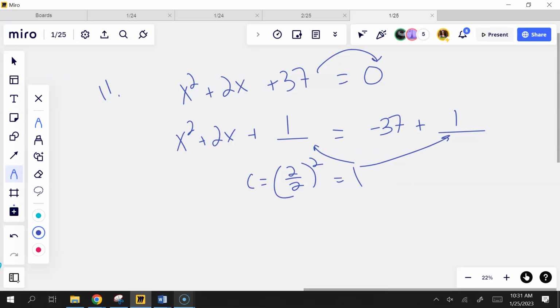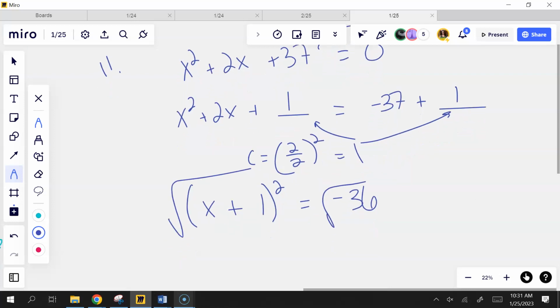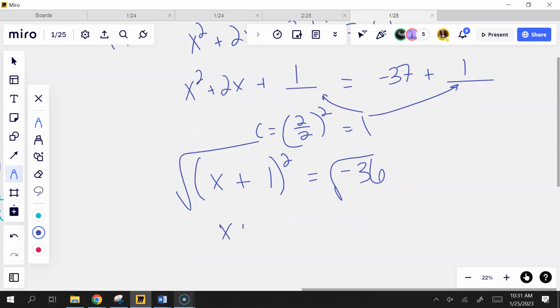All right. How does it factor? Left side, what's it factor? Square root of the first, x, first sign, square root of the last, negative 36. Now what? Square root. What's the square root of negative 36?